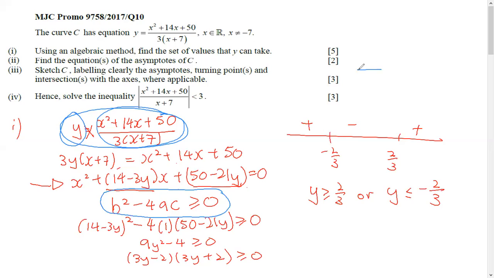So if I were to draw a random graph here, it doesn't have to be correct, let's say the graph looks like this, and I have a horizontal line, which we call y. If I want to find the set of values y can take, imagine this y can be shifted up and down.